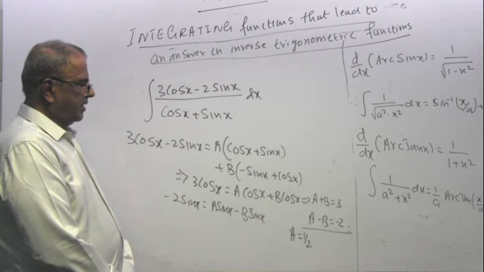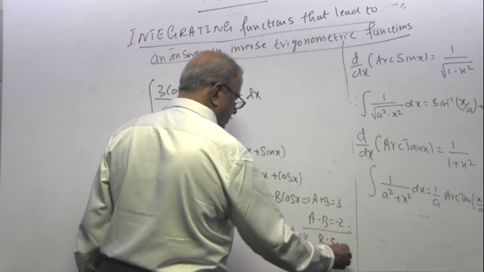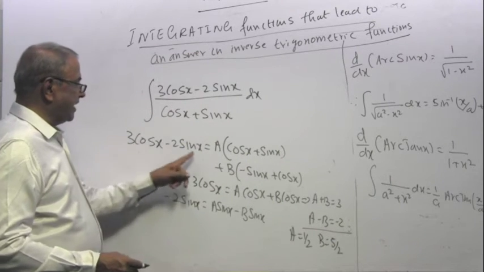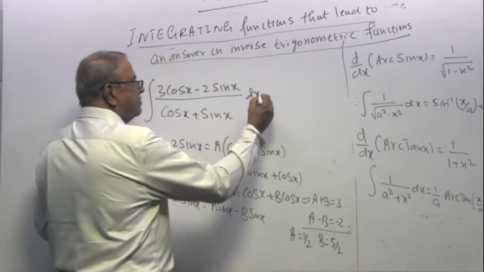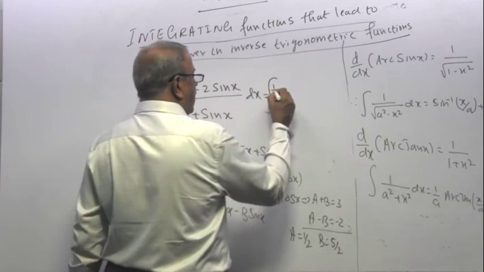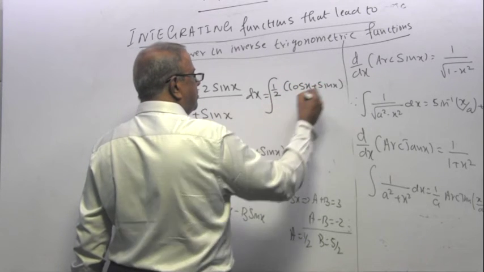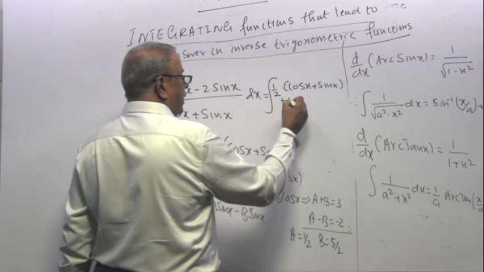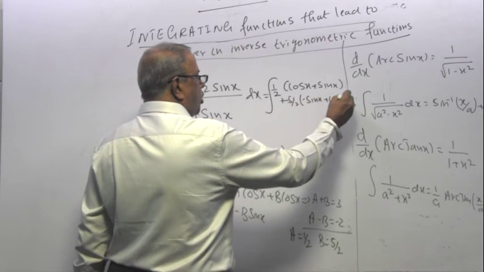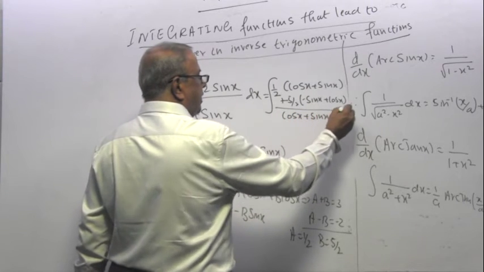Subtract: 2b is 5, b is 5 over 2. Alright? That means this I can write as integral of a half times (cos x plus sin x) plus 5 over 2 times (minus sin x plus cos x) over cos x plus sin x dx.